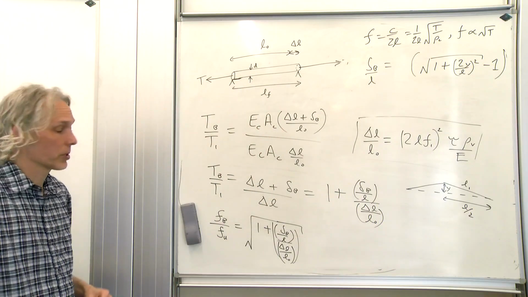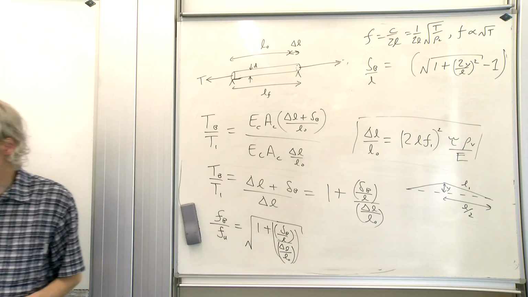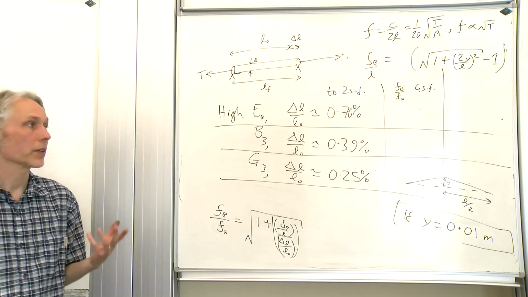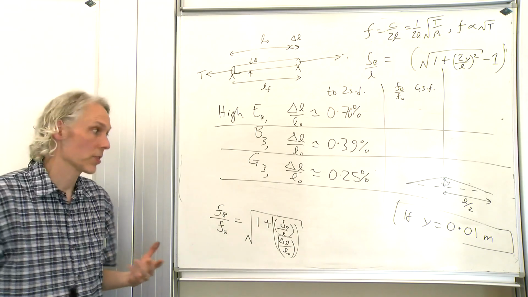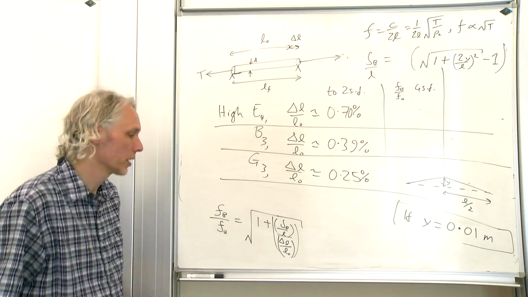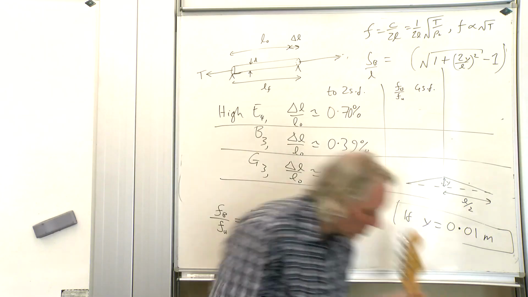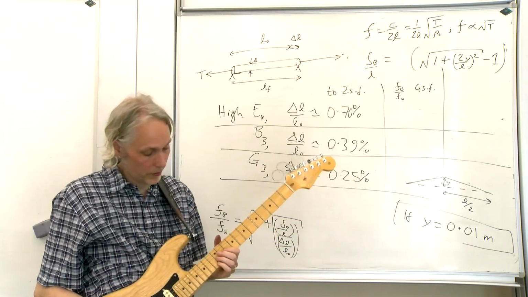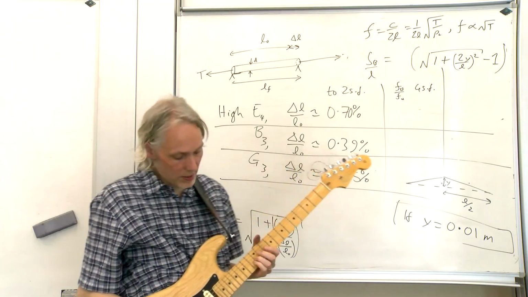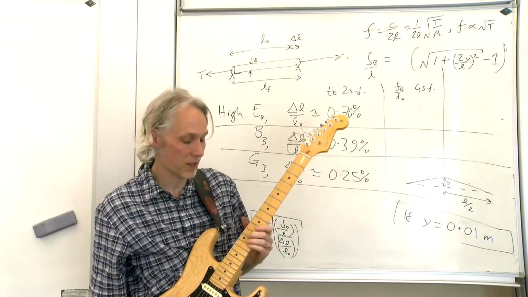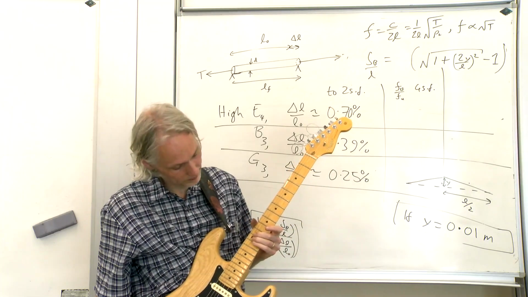Okay, so that's a formula which tells us about the numbers involved. So we're going to work out what happens when you bend the string to the side by 1 centimeter. And so this is taking the string and pressing it down halfway along onto the fret, and then bending it to the side by 1 centimeter, which is just a tiny bit bigger than the distance between strings on this guitar.